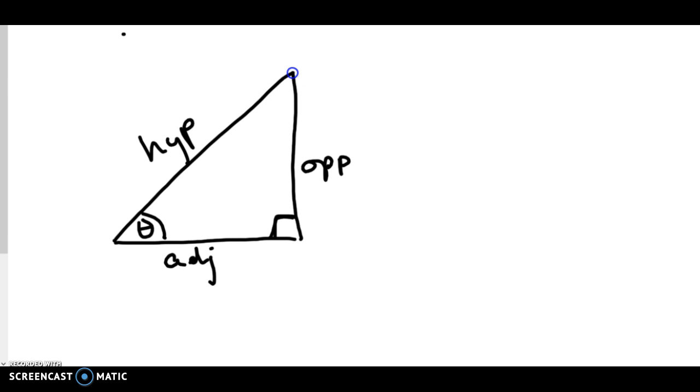It's important. In the middle of page 273, it says that theta lies between 0 and 90 degrees for this section.